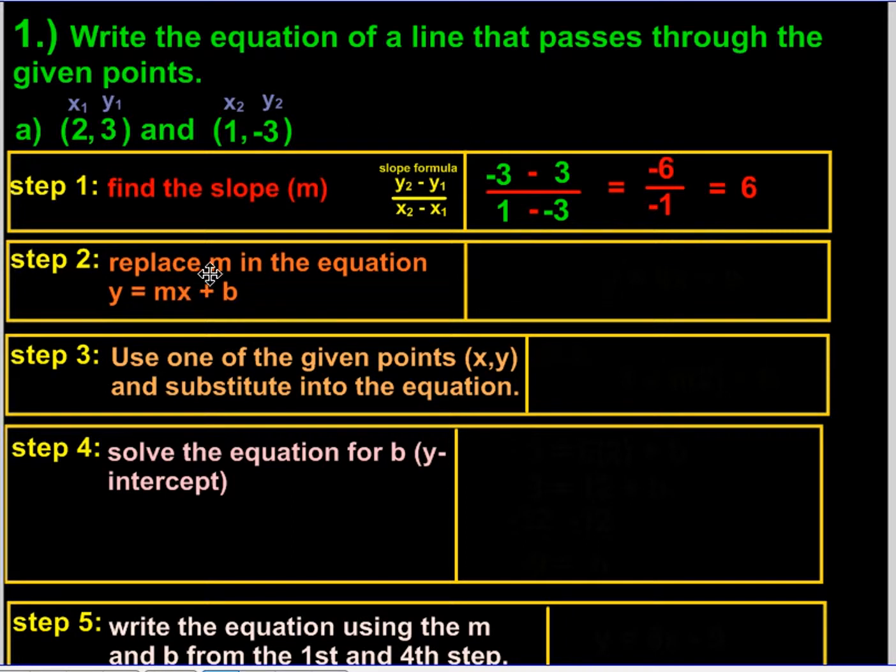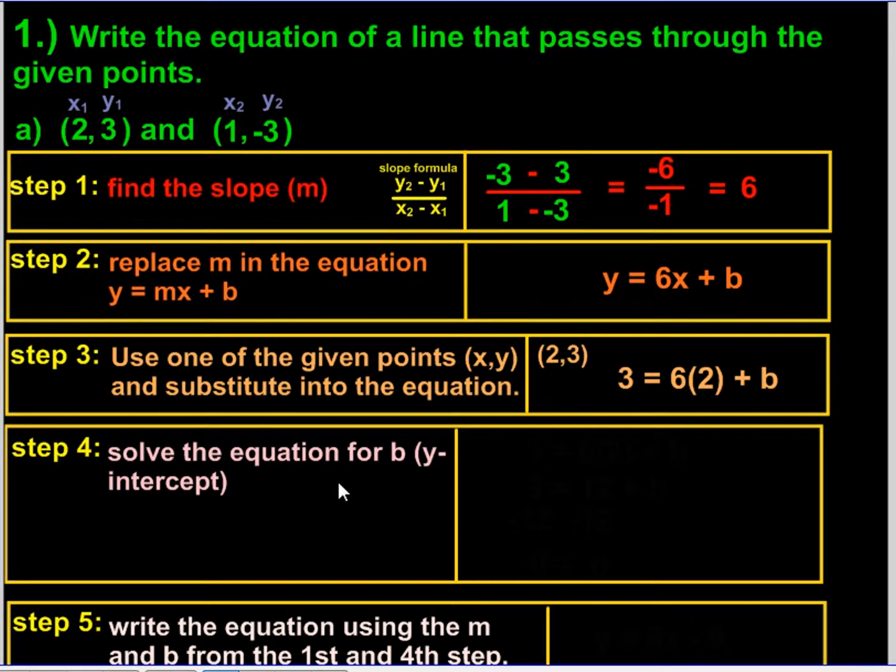Step 2, I get to replace the m in the equation. So here's the equation, and I replaced m with the 6. I am now going to use this and take one of the sets of coordinates. In this case, I'm going to take (2, 3), and I'm going to put them into there. So we have 3 equals 6 times 2 plus b.